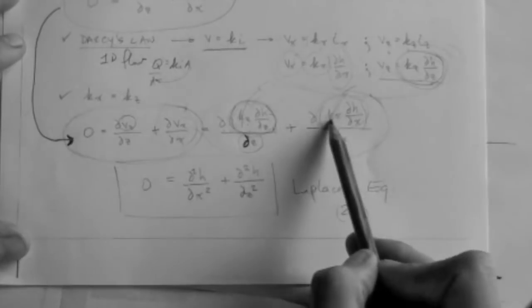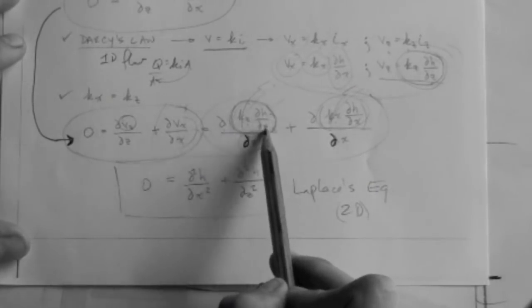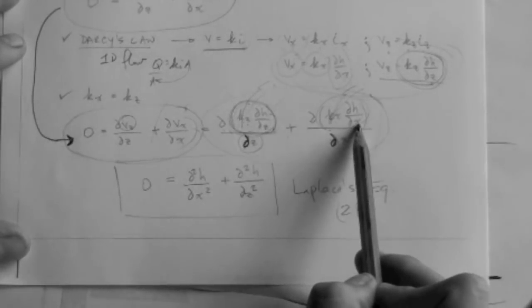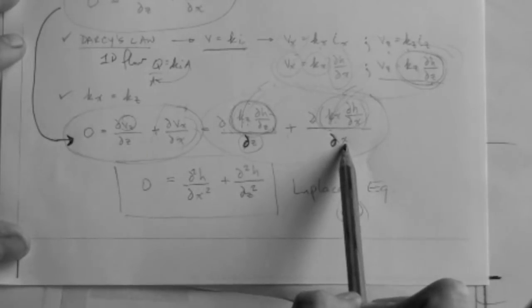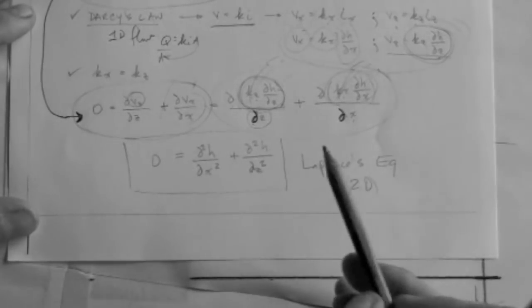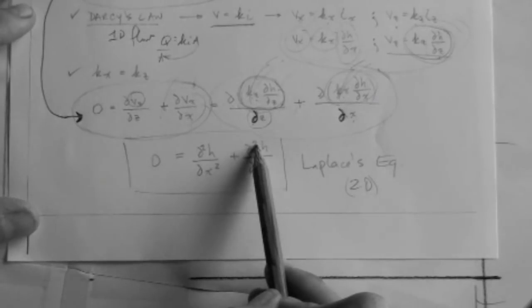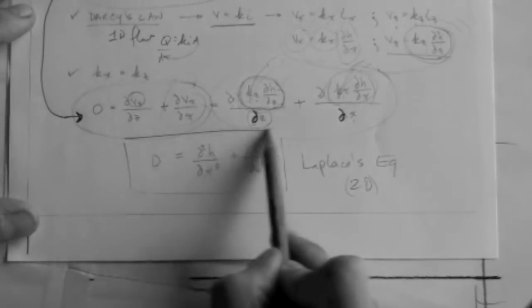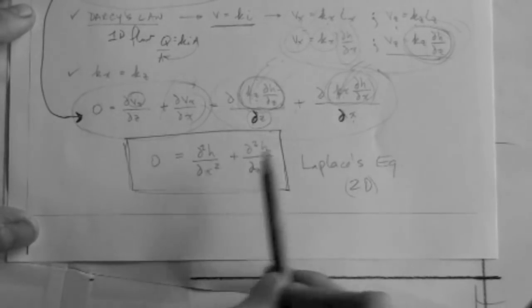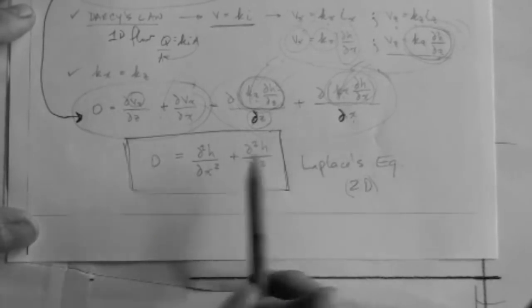And those terms would be removed, and we are left with partial h partial z over partial z, plus partial h partial x over partial x, in which case we can rewrite that equation which I just dictated with squares. Okay? So we get this equation right here. Partial squared h over partial x squared plus partial squared h over partial z squared equal to 0.